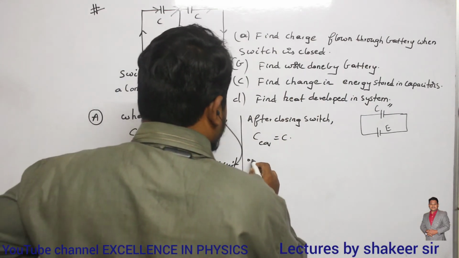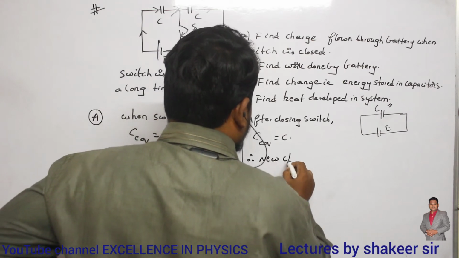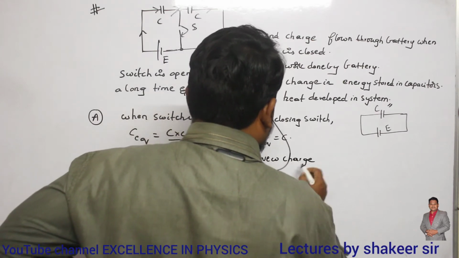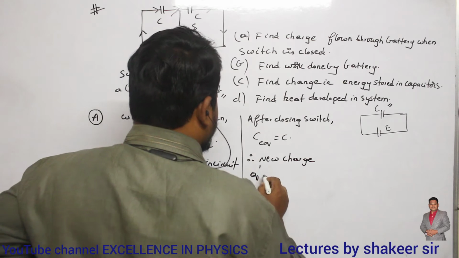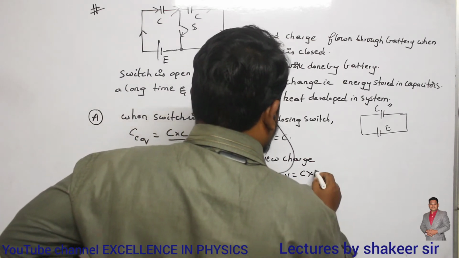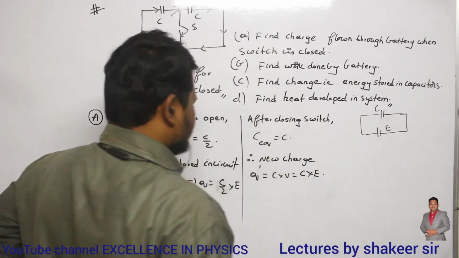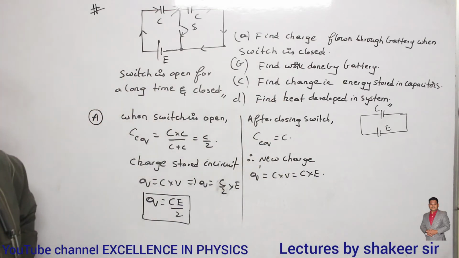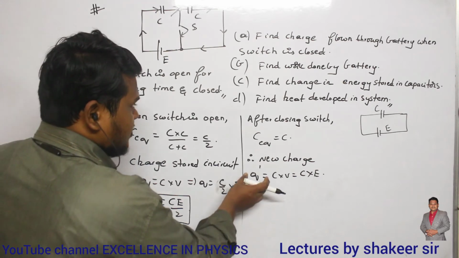What is the new charge that should be stored in the system? Q dash is equal to C into V. Capacitance is C only and potential difference is E. So this is the new charge stored in the system after closing the switch.